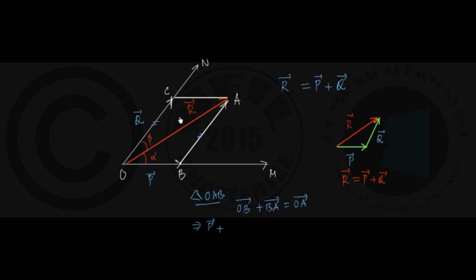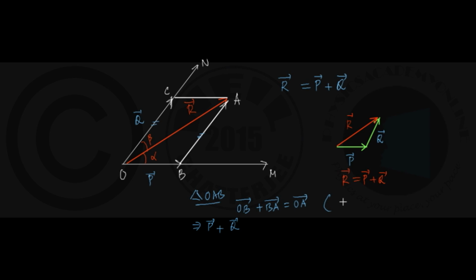So if two vectors have exactly the same length, and they have the same or parallel line of support and the same sense as in the case of BA and OC, then BA and OC must be equal vectors. So I could replace this BA by OC actually, and that is same thing as Q.